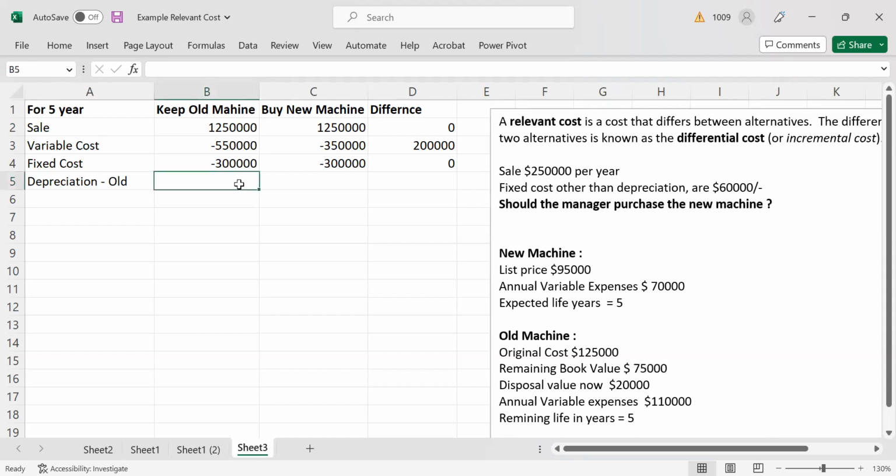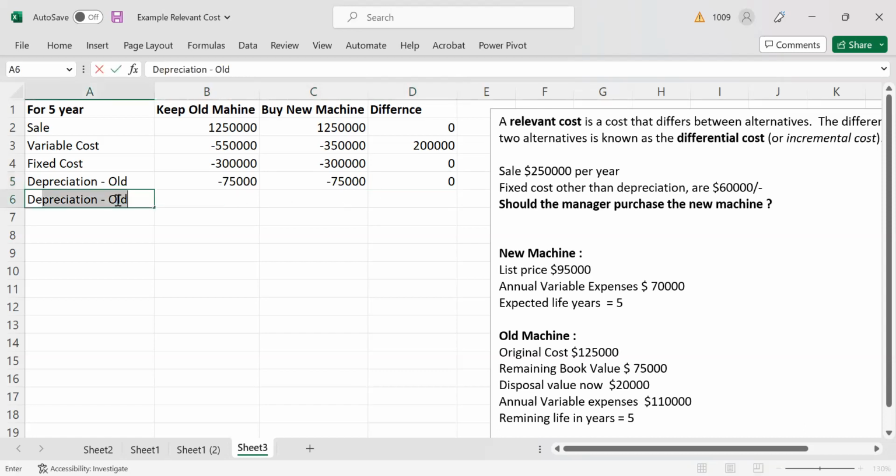So that is also one of the expenditures, 75,000. And if you're going to buy a new machine, you want the book value to be zero. If the book value will be zero, definitely the $75,000 will be the expenditure in case you're going to buy a new one, and the difference will be zero in this case.